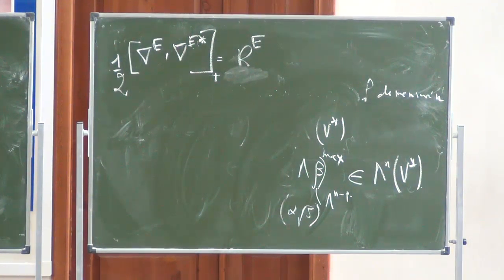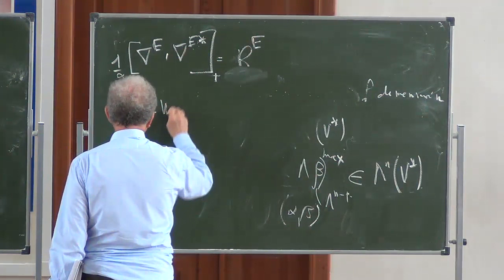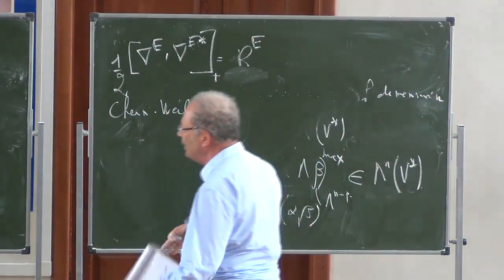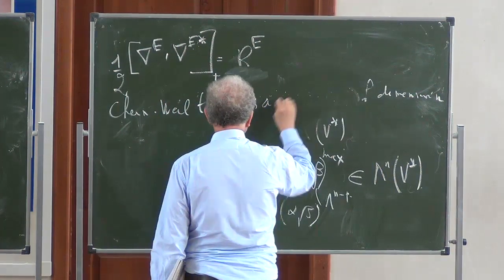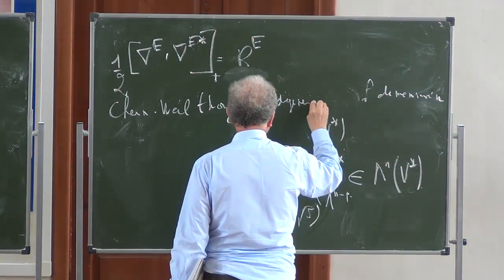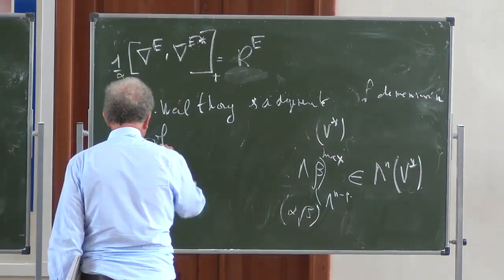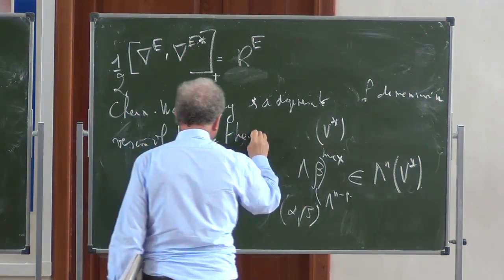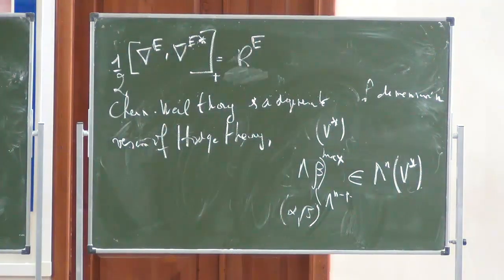So this is just to say that in some sense the classical Chern-Weil theory is a very degenerate version of Hodge theory, in which the corresponding Laplacians are now nilpotent operators.